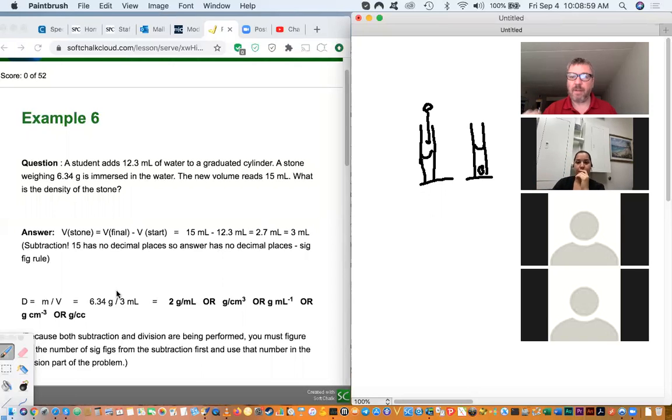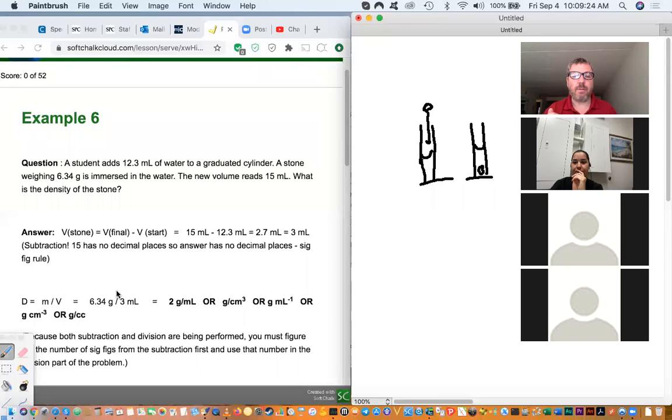I'm going to have to get the significant figures from the subtraction first and then apply it to the division in the second step. The reason for this is because, as we discussed last week, the rules for addition and subtraction are different from the multiplication and division rules.